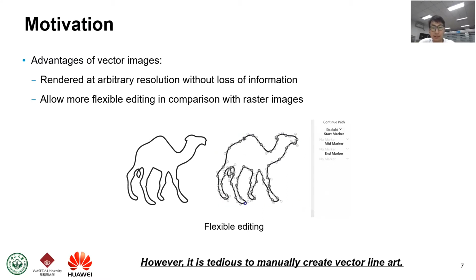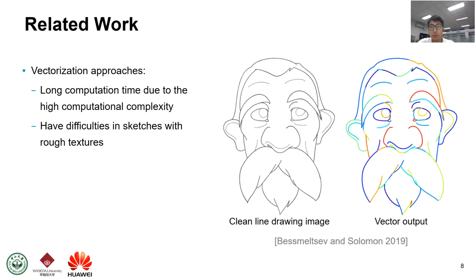Although vector line drawing is commonly used, it is tedious to manually create. Vectorization approaches are able to produce vector images from the raster drawings directly. However, they tend to take a long time for computation due to the high computational complexity of the optimization process, and they have difficulties in processing sketches with rough textures.